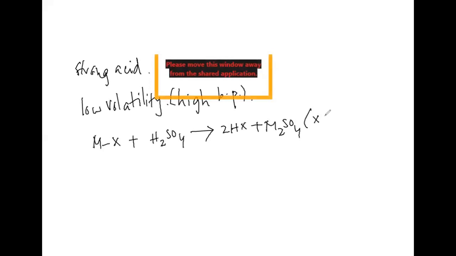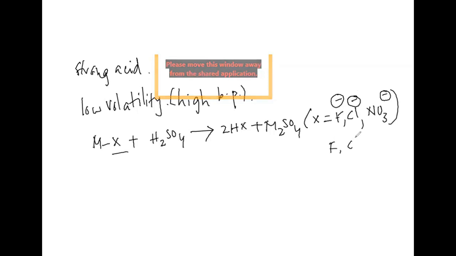In brackets, we can take X as fluorine, chlorine, bromine and NO3 minus. Generally we take F minus, Cl minus, NO3 minus, but here just X is given. For that, you can take fluorine, chlorine, and the NO3 group.